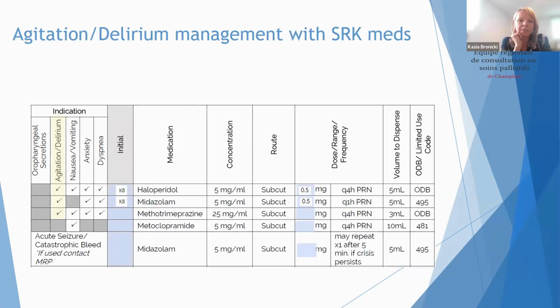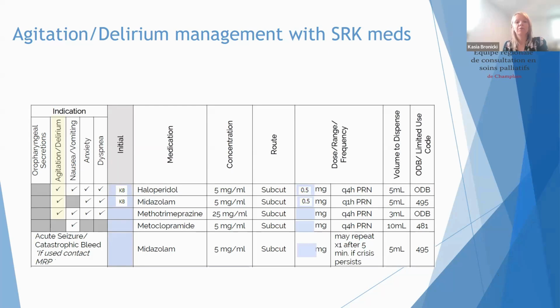Symptom response kit. If you look at the symptom response kit and the orders, they make it pretty easy. You have categories of the indications. Here for agitation and delirium, you see that Haldol, midazolam, and methotrimeprazine (Nozinan) are available to treat agitation and delirium.